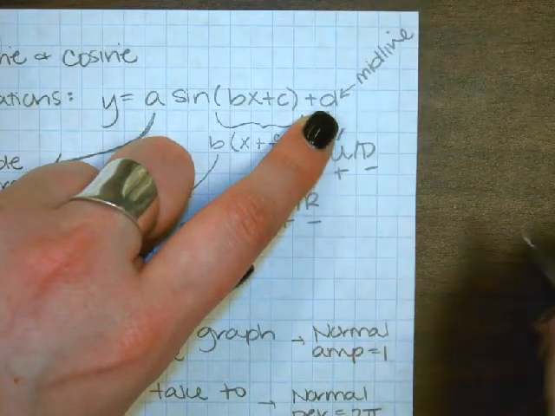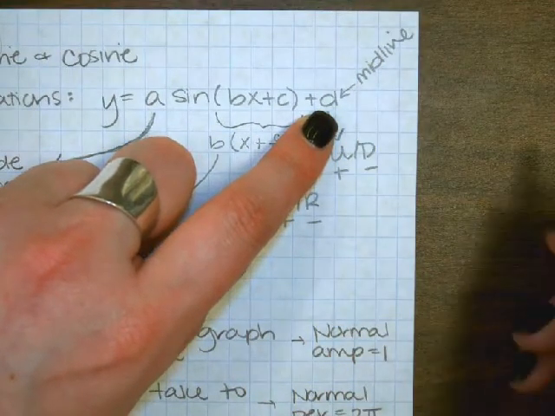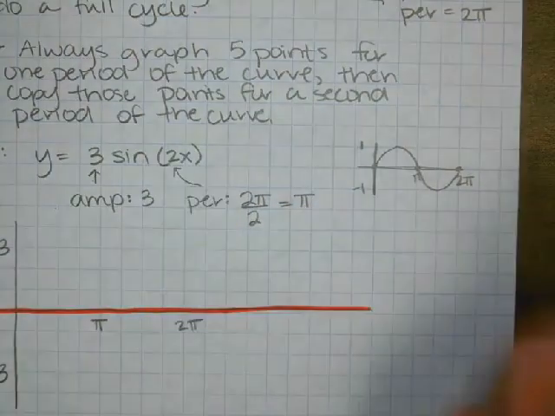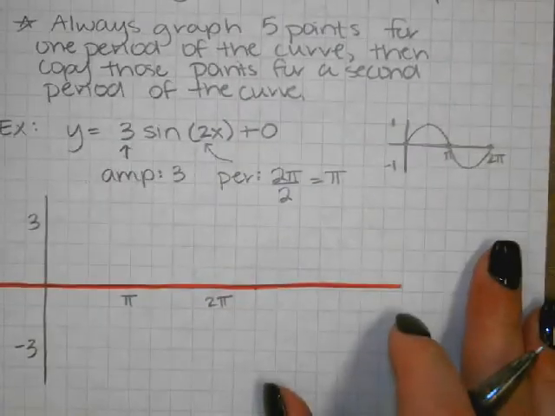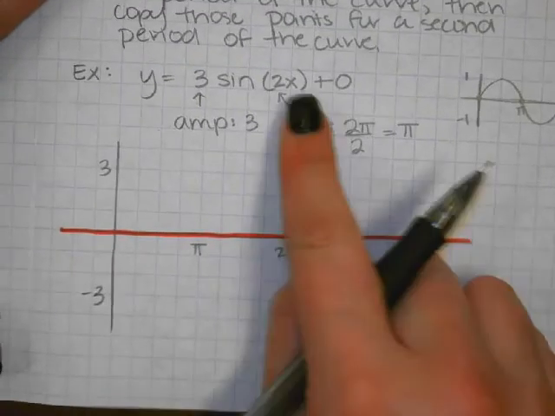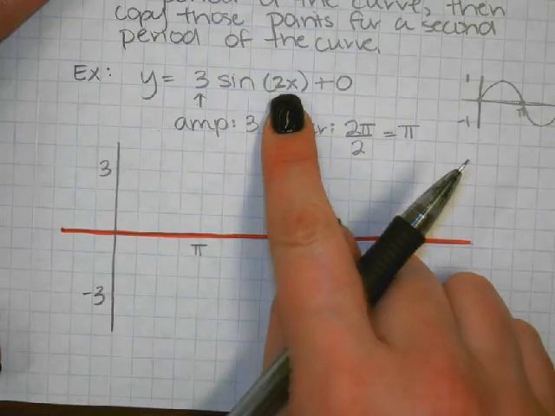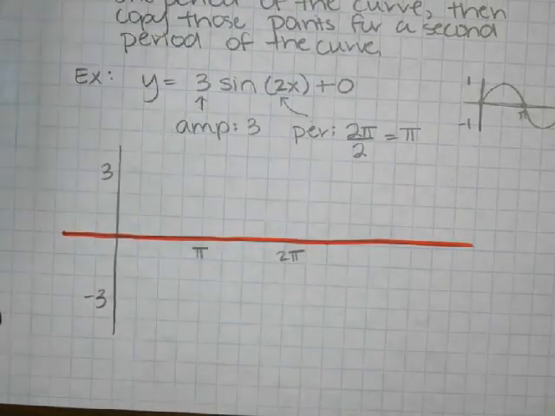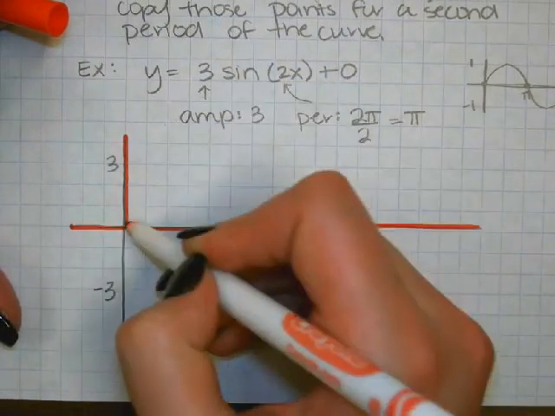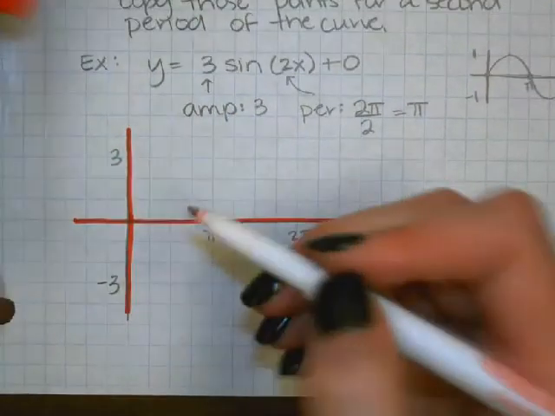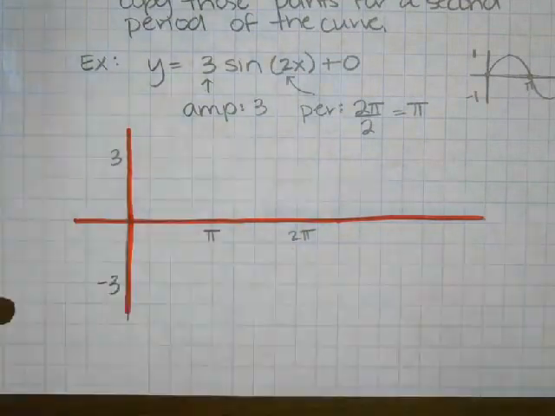Okay, and that's the middle of the graph. So the reason that I knew my midline was 0 is because this equation didn't have anything after it, so it would just be +0. And so that's why I drew my midline there. All right, if the graph has not shifted to the right or to the left at all, then you're just going to start at 0. So this graph, it just looks like I'm being a little bit extra and drawing my axes in red, which is fine. We can be extra.